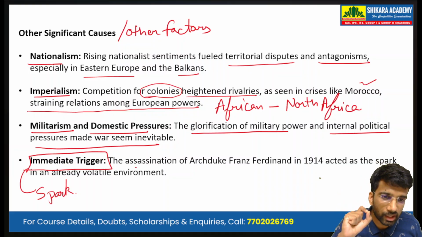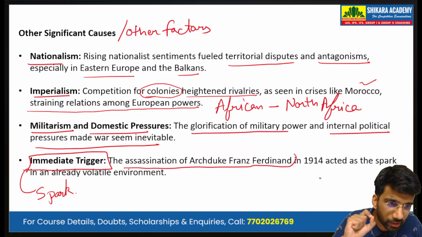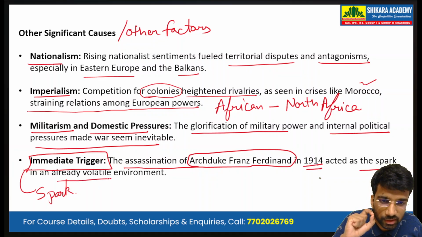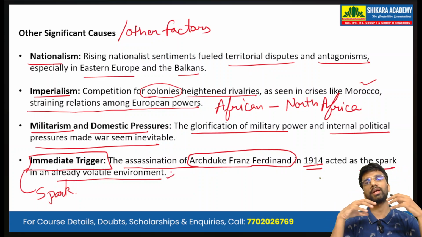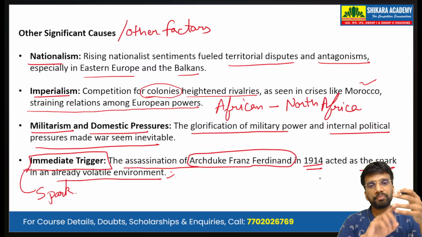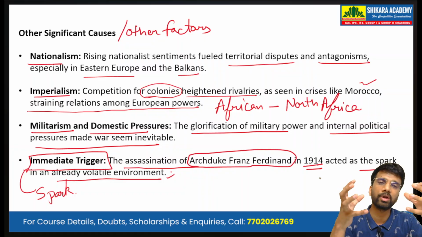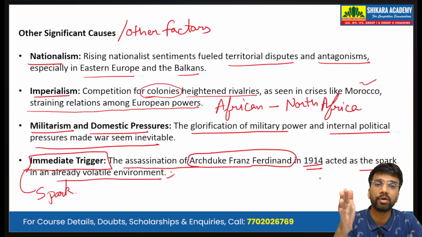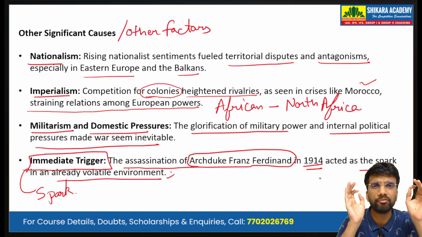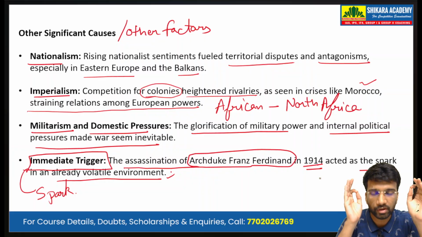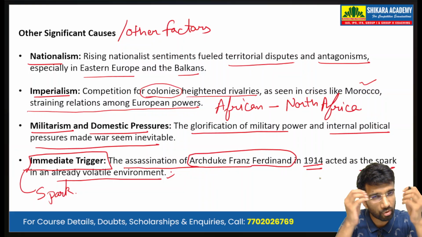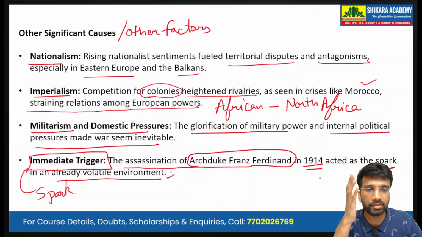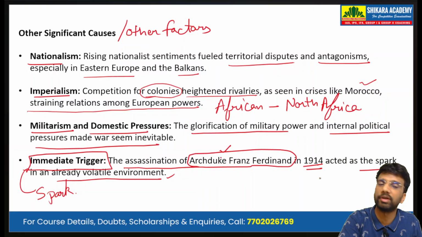The immediate trigger was the assassination of Archduke Franz Ferdinand in 1914, which acted as a spark in the already volatile environment. So all these factors, nationalism, imperialism, militarism, domestic pressures, and the tendency to balance power, made a fertile, volatile ground, and this volatile environment caught fire with the spark provided by the assassination of Archduke Franz Ferdinand.